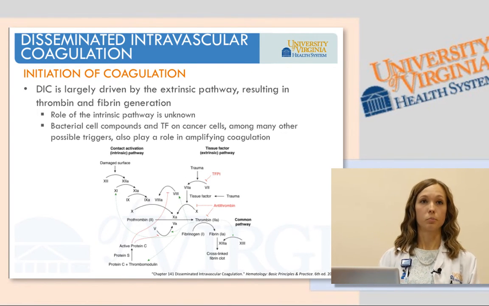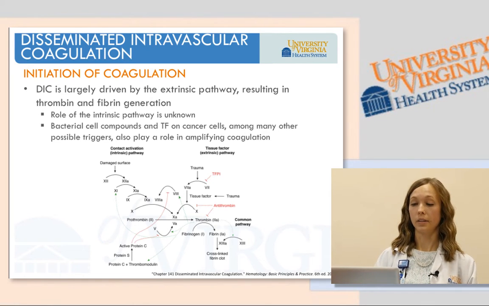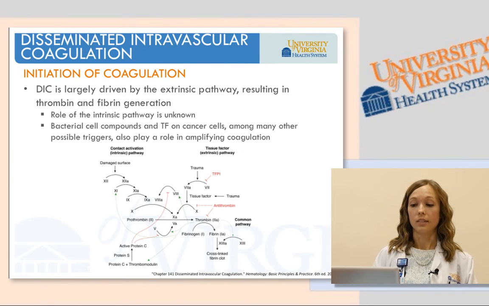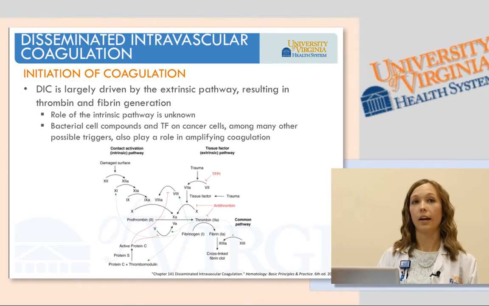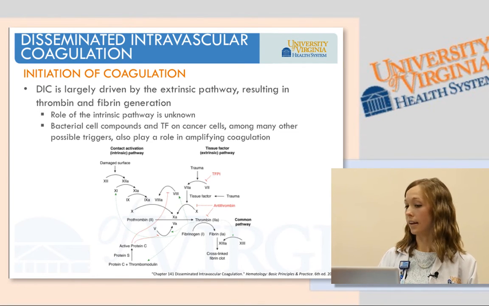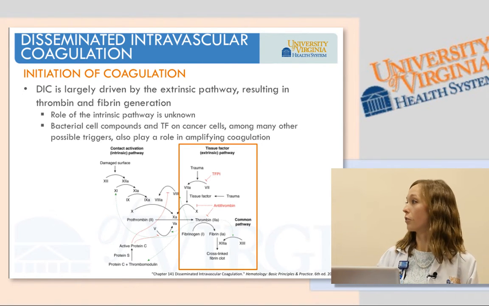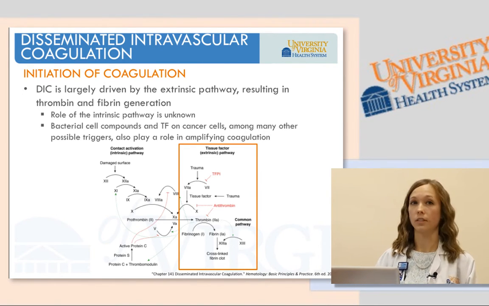So I've been saying these words, bleeding and clotting and consumption, but what actually is going on from a pathophysiologic perspective? So the first step in DIC is initiation of coagulation. And DIC is largely driven by our extrinsic pathway in our clotting cascade, which of course is going to require a tissue factor to start off the whole process and result in thrombin and fibrin generation.